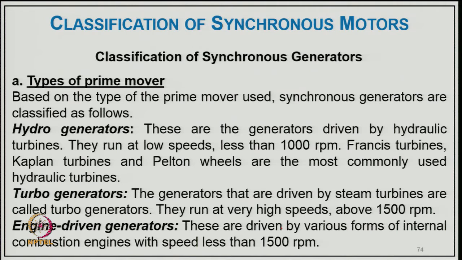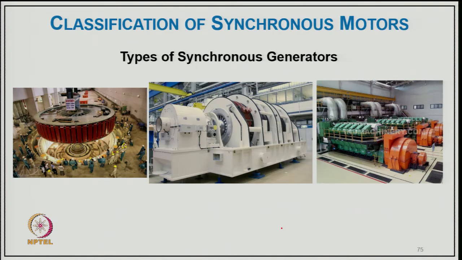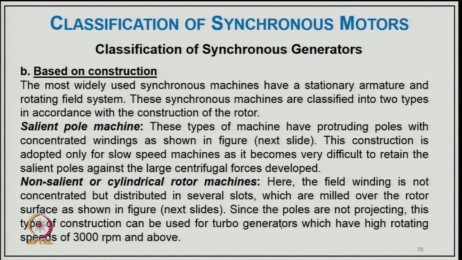Then engine driven generators are driven by various forms of internal combustion engine with a speed less than 1500 rpm. So, these are the typical types of synchronous generator: diesel generator, thermal generator and hydro generator.